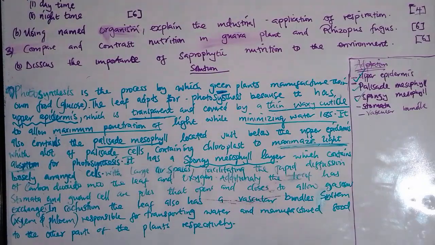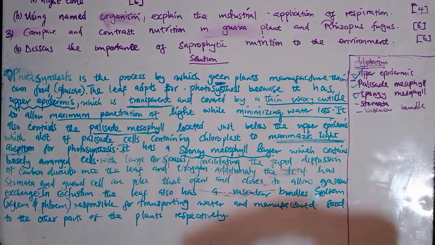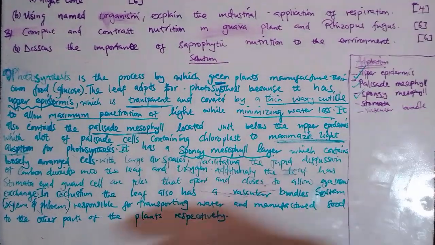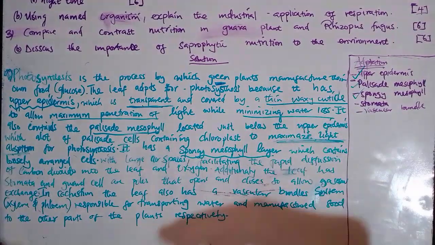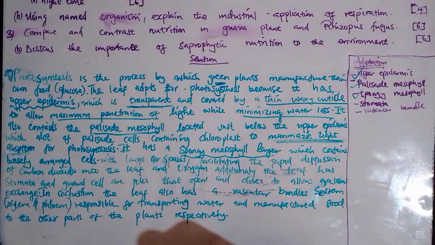Yeah. So this is how you can write an essay on the adaptation of the internal parts to photosynthesis. You say one, the upper epidermis, responsible for allowing maximum penetration of light and minimizing loss of water. It has also the palisade mesophyll layer containing palisade cells which are rich in chloroplast for maximum absorption of light.